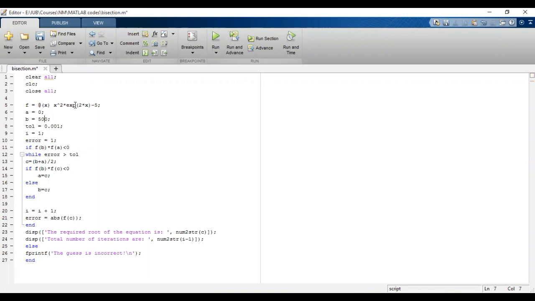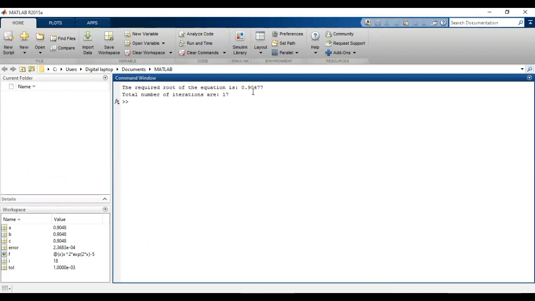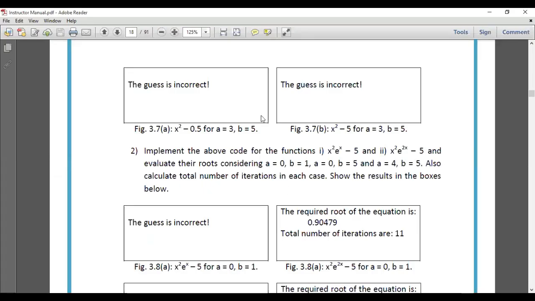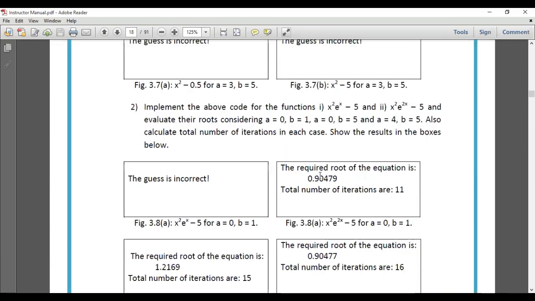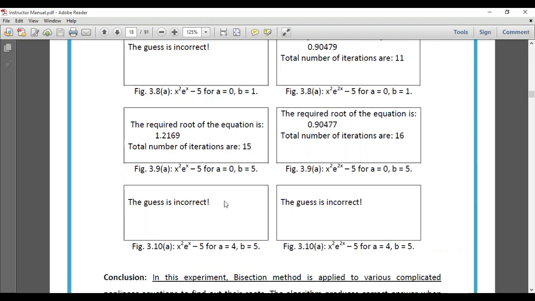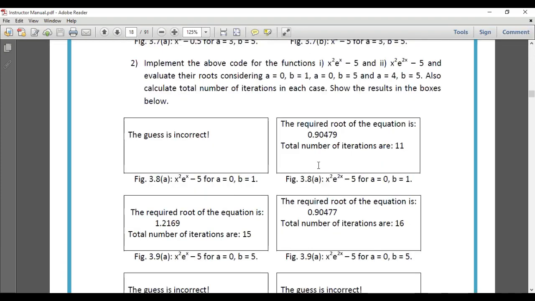Now let's make the range 0 to 10 first, and let's try to run this file, and the root is 0.9047. So from this manual you can try other values as well, and you can try these ranges, and for each range you will get the correct answer.